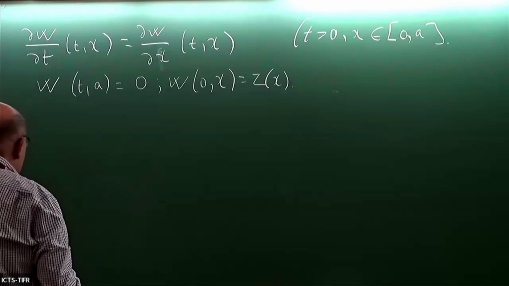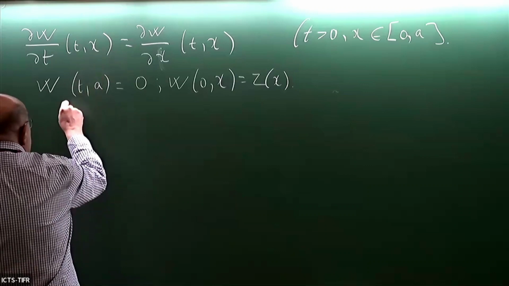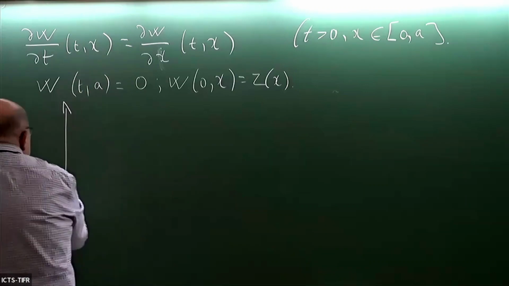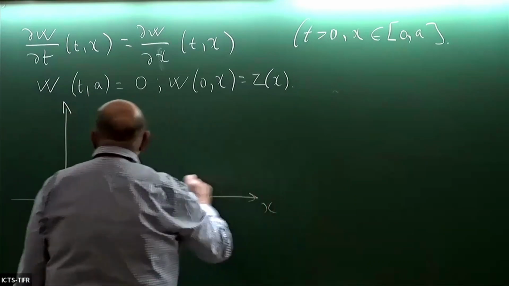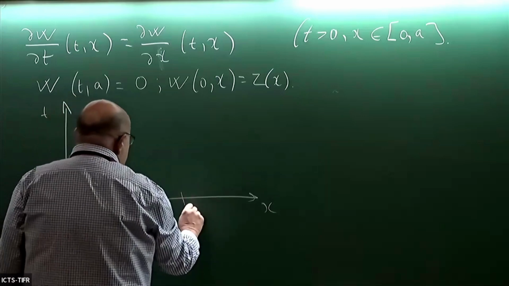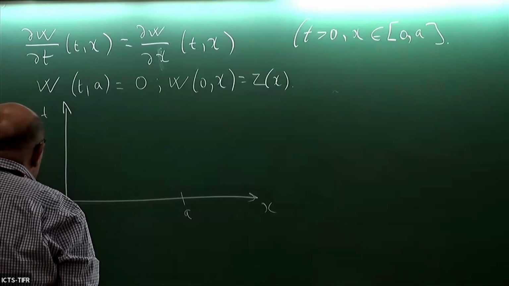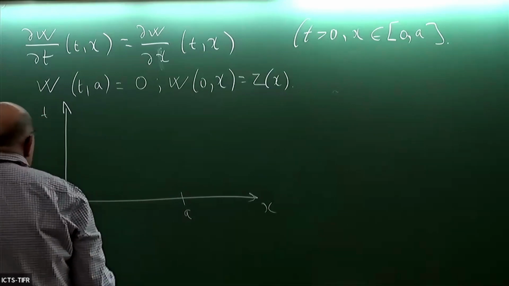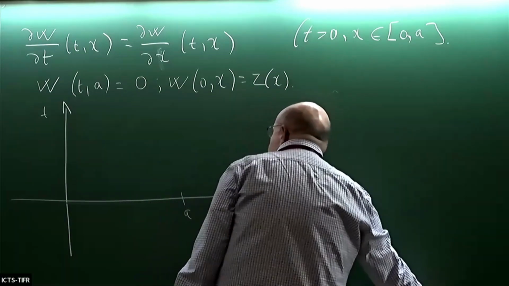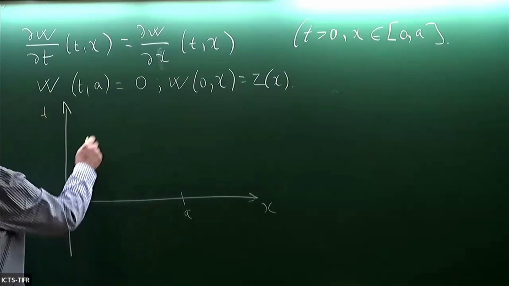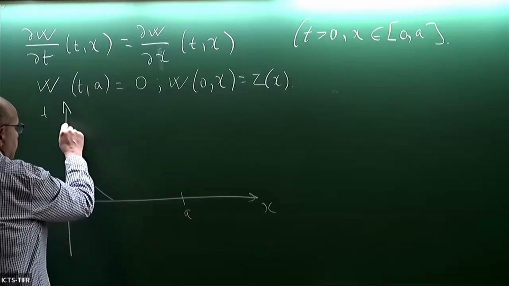So in fact, what does this PDE say? This PDE says, if I'm drawing an xt plane, I put somewhere here a, it's just saying that the function W is constant on what we have here, the characteristics of the problem, which are the lines x plus t equal to some constant.